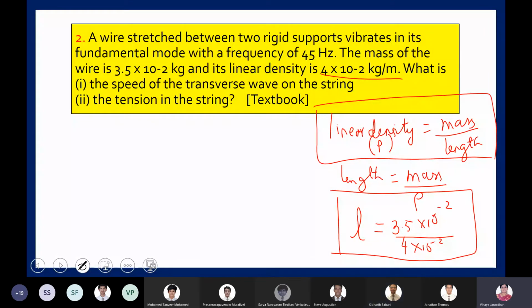Now, what is the question? Speed of the transverse wave. What is the speed of the transverse wave? Ma'am, the under root of tension by.